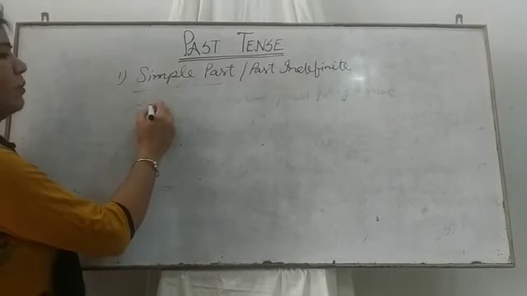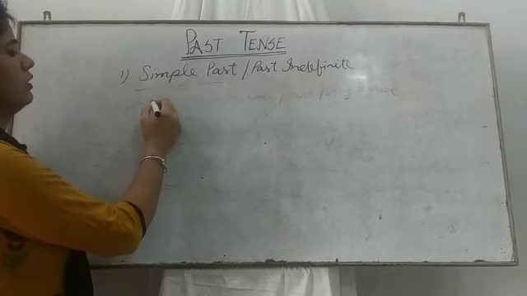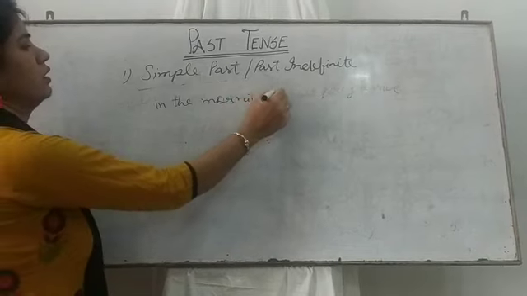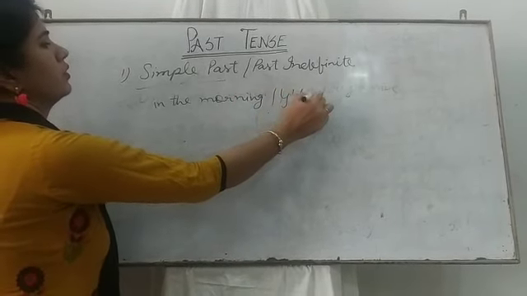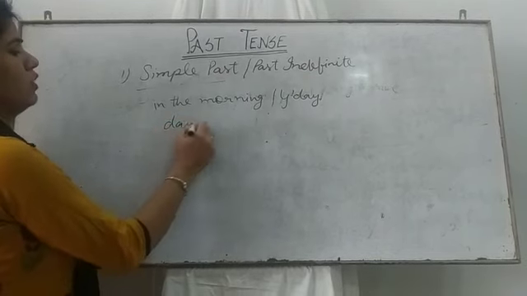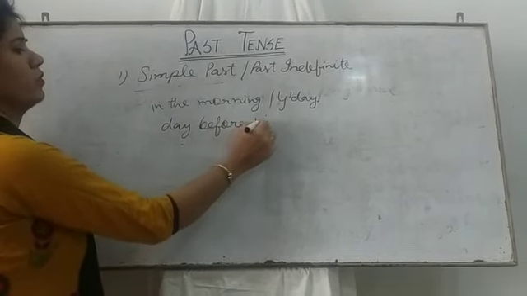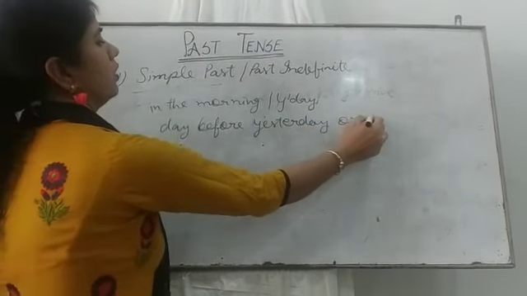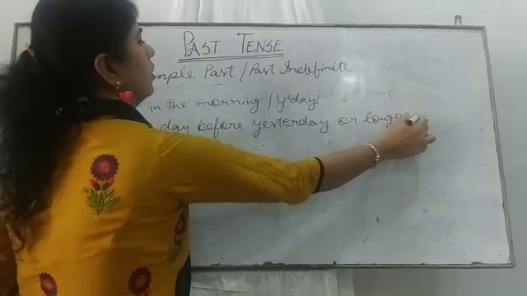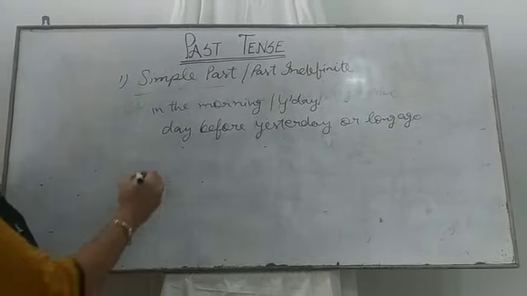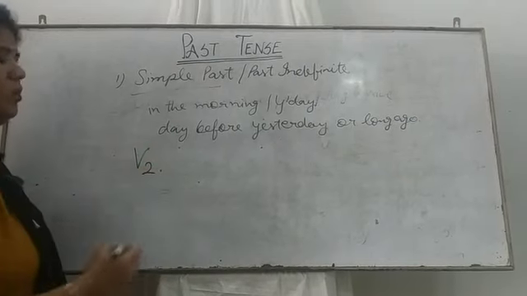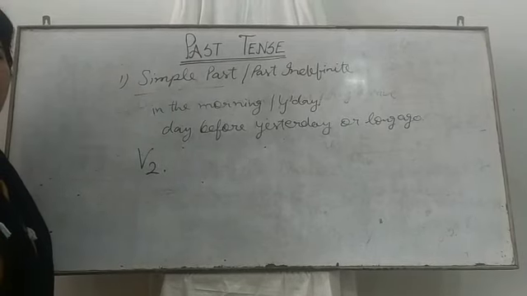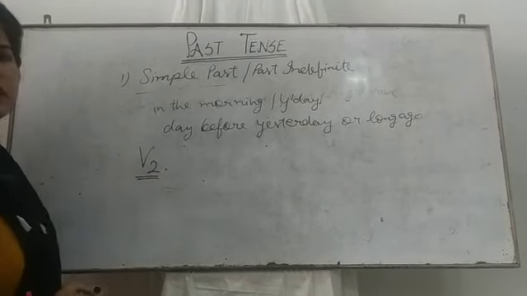Whether we are talking about an event that happened in the morning, yesterday, day before yesterday, or long ago, we will use verb's second form. Keep this point in your mind that in past tense we will always use verb's second form.